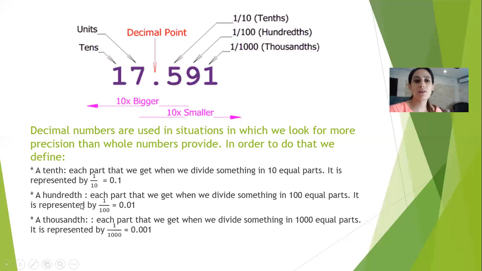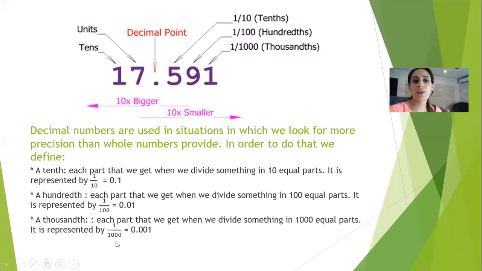So one hundredth, 1 out of 100, we write it 0.01, since it is at the hundredth place. So 1 is in the hundredth place. Here the tenth, we don't have, so it's 0. And beside it, we have the hundredth. And at last, we have the thousandth.